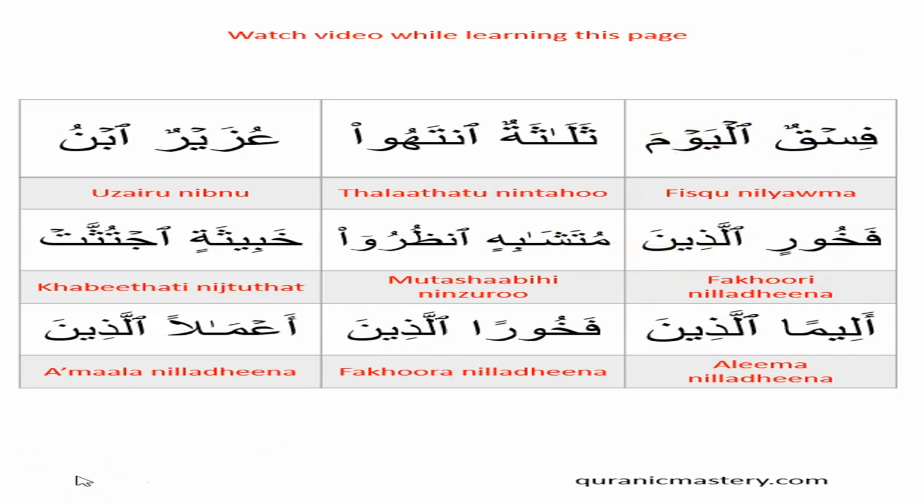You can do the exercise with authorization from your teacher, and you'll be able to move on to the next lesson. My advice is to go over all the lessons of Hamzat al Wasl a couple of times, so you can understand it better and read them better as well.